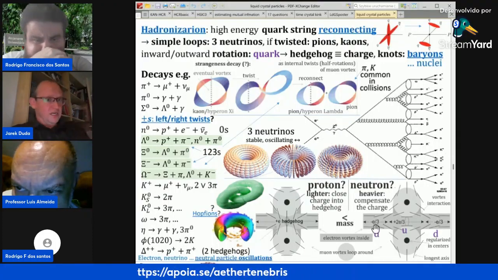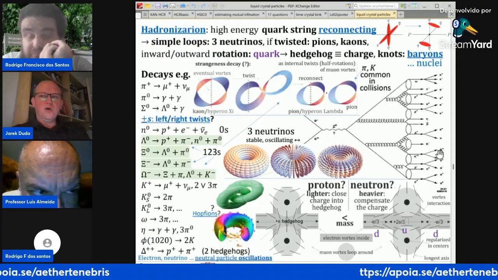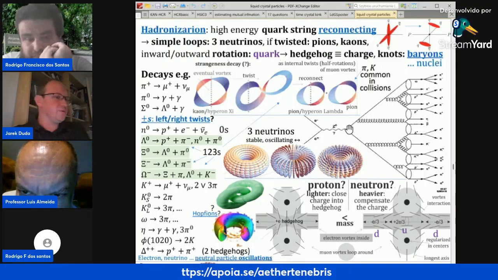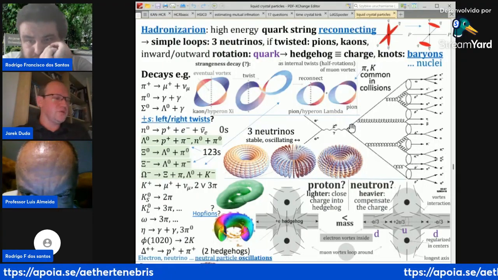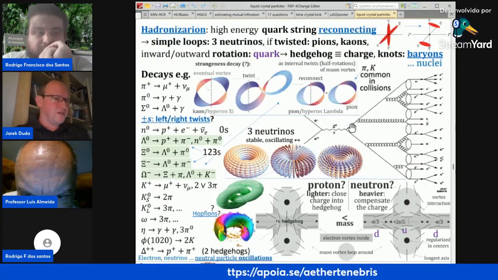So to understand which particle corresponds to which configuration, we should just take a look at what they see in LHC collisions and what a topological vortex can decay into. Because a quark string, from a non-perturbative view, is a topological vortex. So let's think about what a topological vortex can decay into.